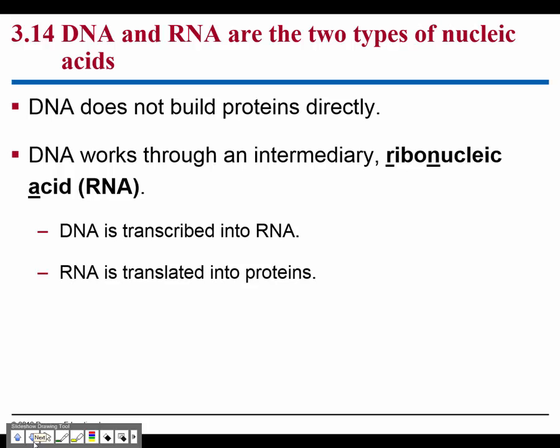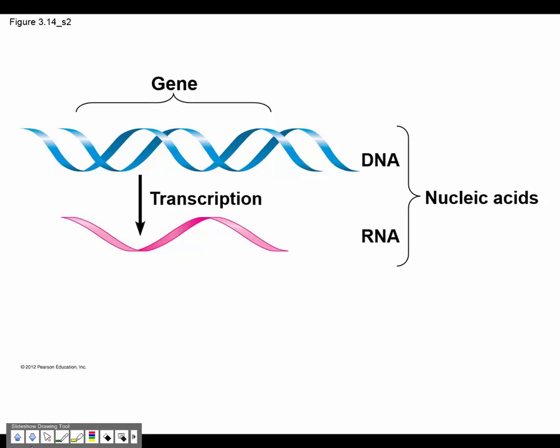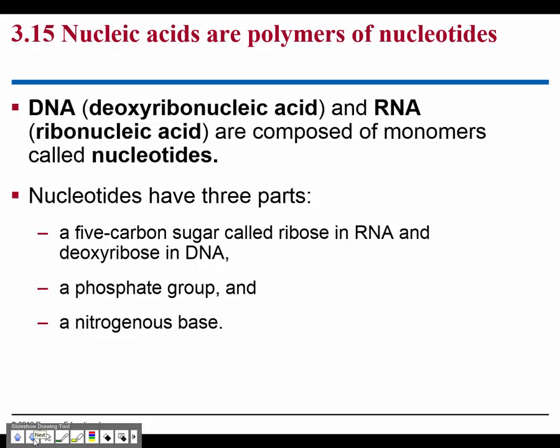The RNA copies down the directions from the DNA, and then those directions are translated into proteins. So you have your DNA, your gene, then it is transcribed into RNA, and then the RNA is translated into your amino acid sequence. There's a polypeptide chain that then forms a protein, and the proteins do all the work.